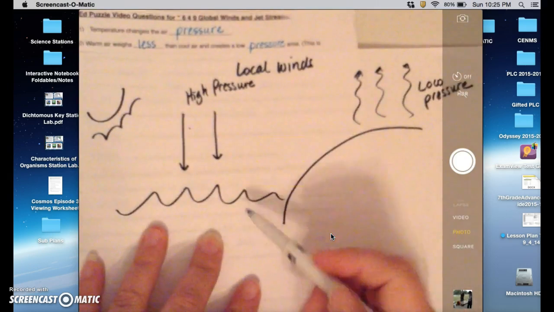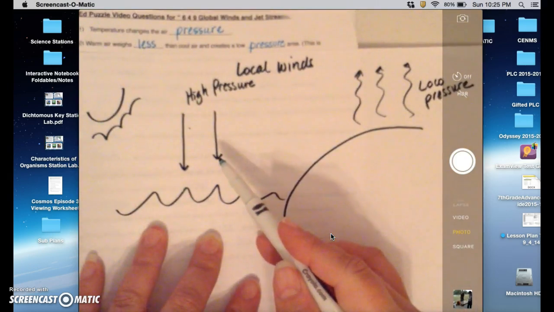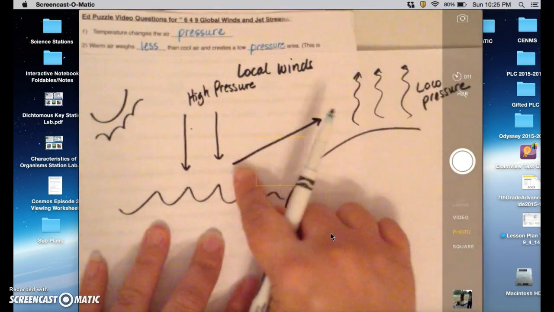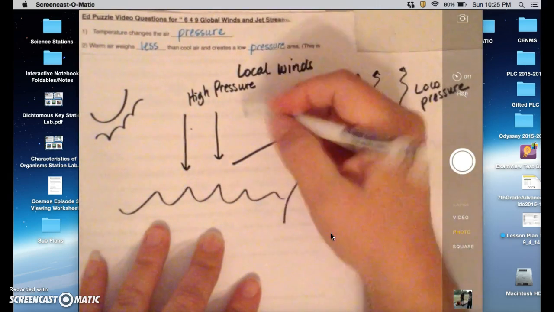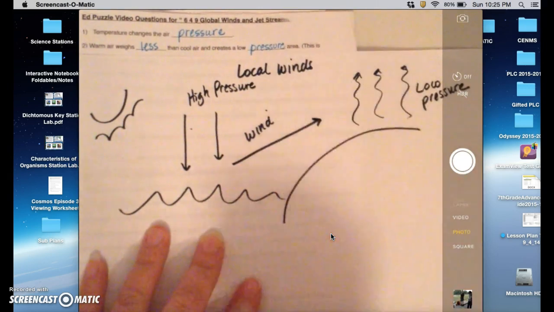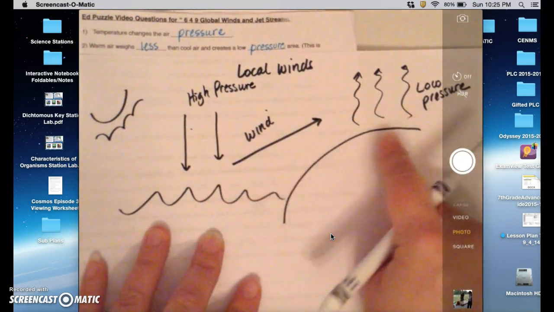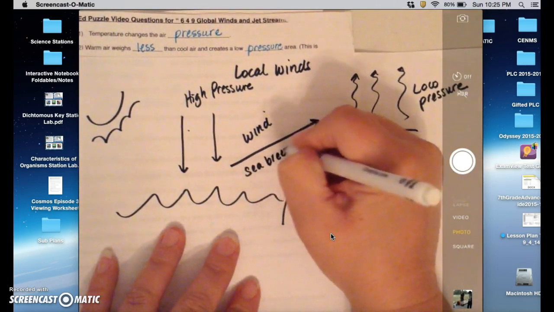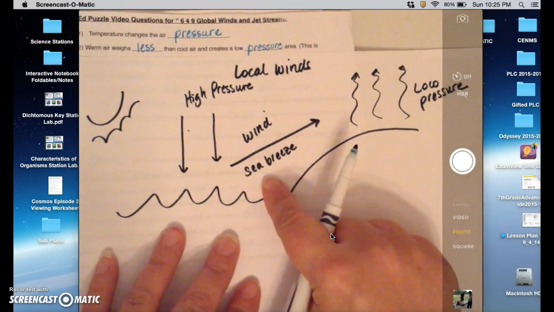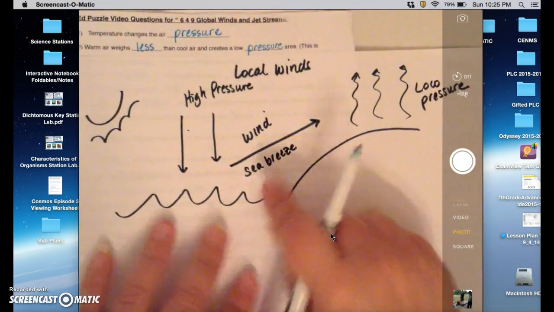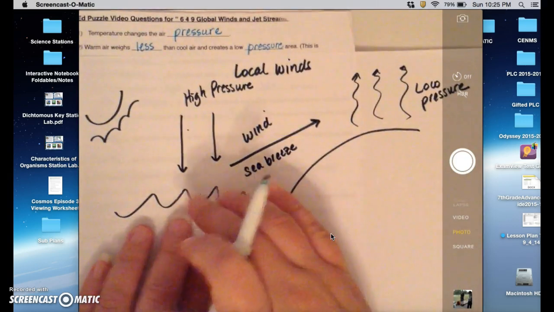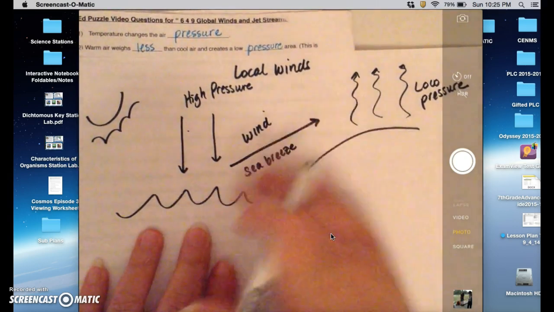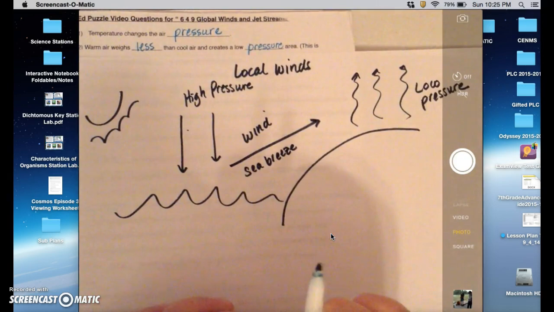And we know that wind moves from areas of high pressure to low pressure. So during the day, you're going to have this movement of air as wind from high pressure to low pressure. This is called a sea breeze because wind is named after where the wind originates from. So it's coming from the sea going towards the land, hence it's called a sea breeze.